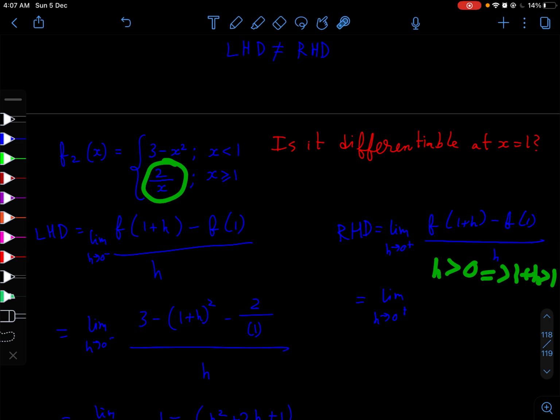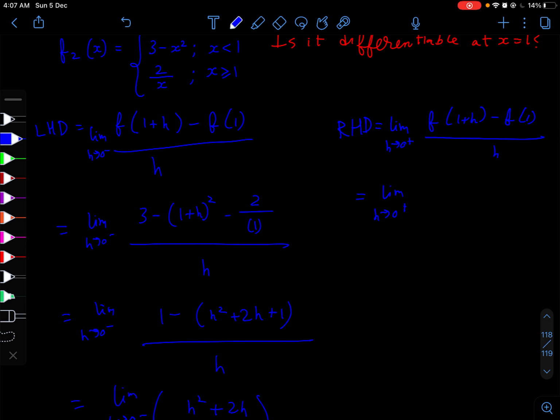So we use this form, which is 2 divided by x. So here in the place of x we're substituting 1 plus h.